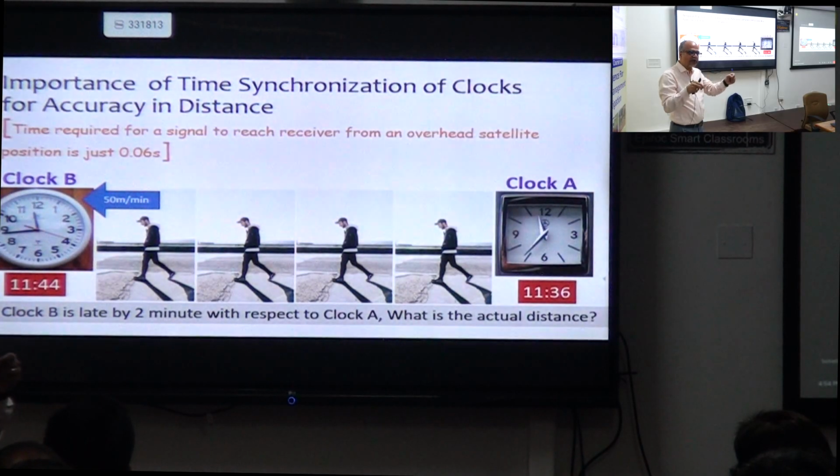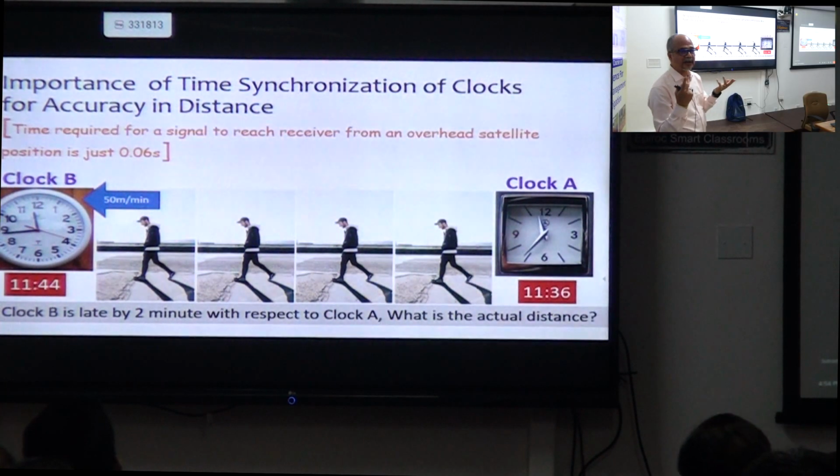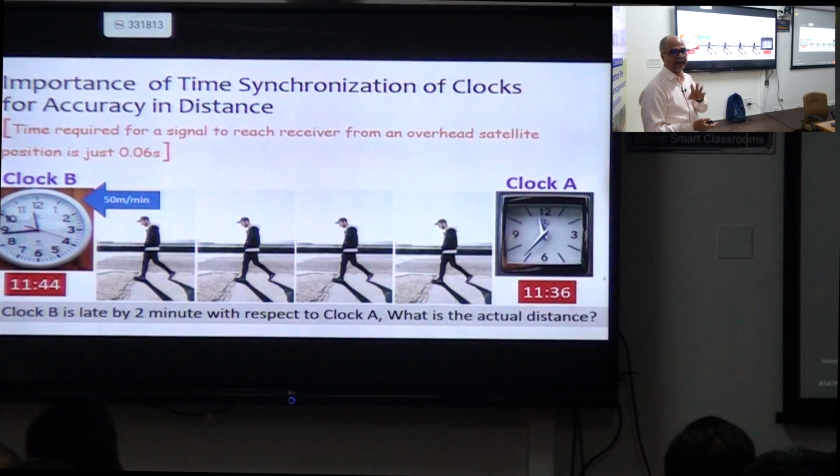So always in the equation, we'll have to add that error, and then calculate. So this error becomes another unknown. Because of that only, we need 4 satellites, 3 unknown position as well as 1 clock error. So that is unknown. Receiving clock error, again, not the clock of the satellite.